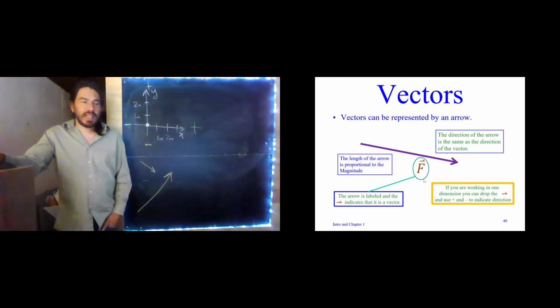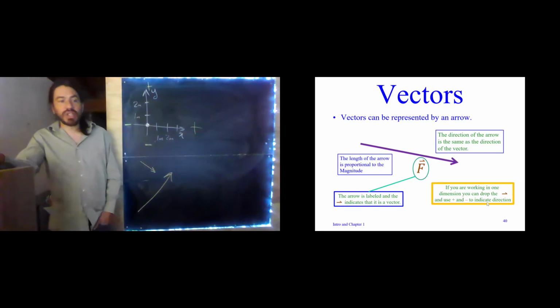We give it a name. In this case, I am cleverly calling this F. Maybe it's a force. Force is a lovely vector. In which case, if this was a force vector, it would represent the force applied to some object at this point right here. We give it a name, in this case F, and we write a little arrow over the top of it. The little arrow over the top indicates that we are talking about a vector.